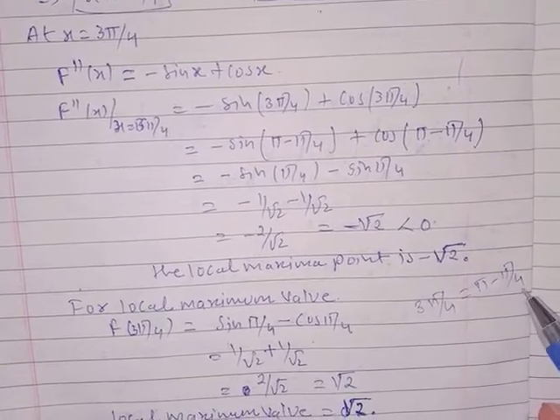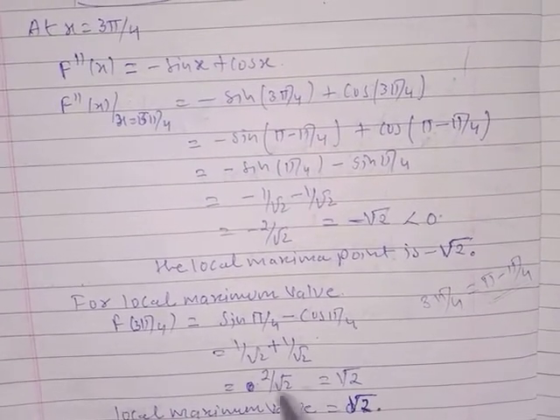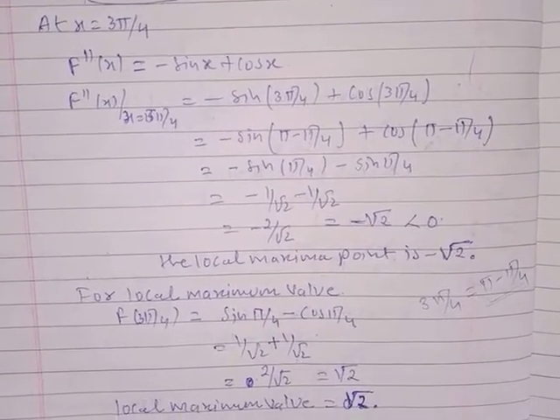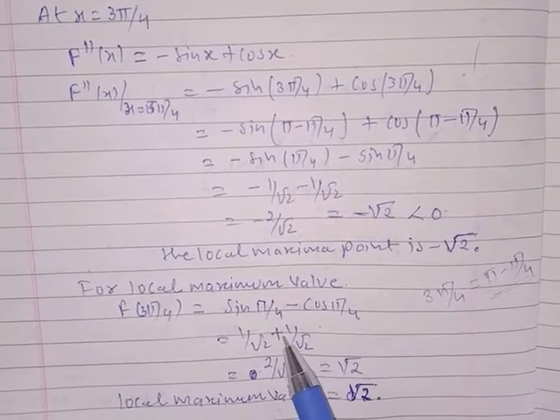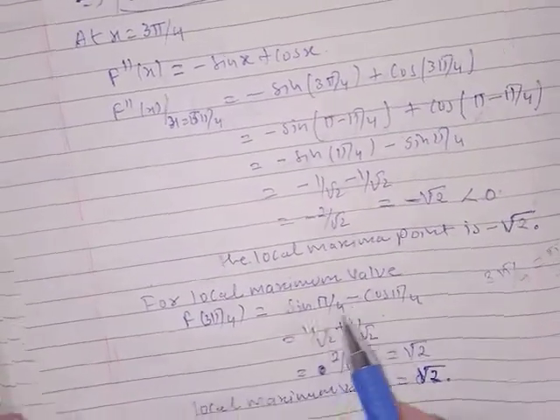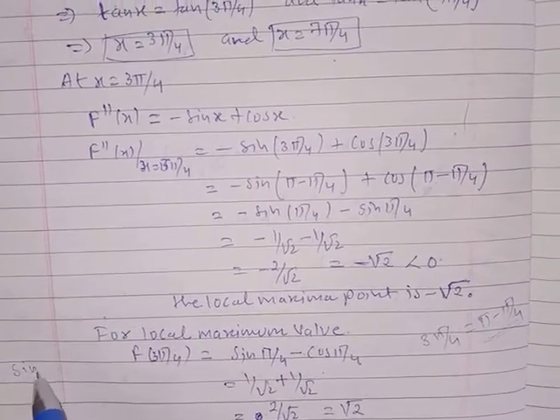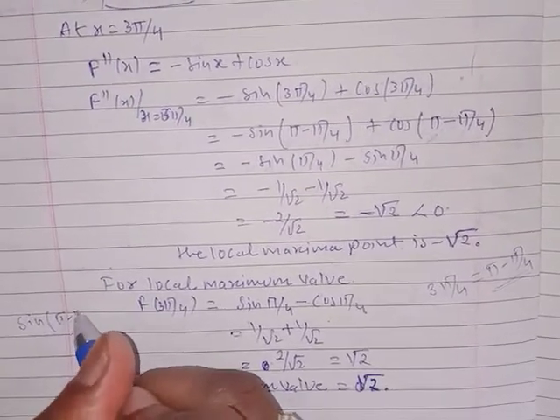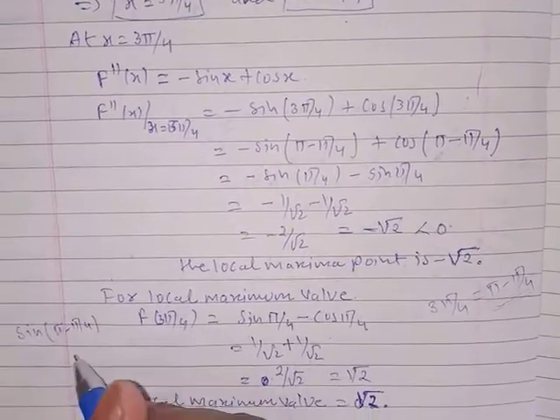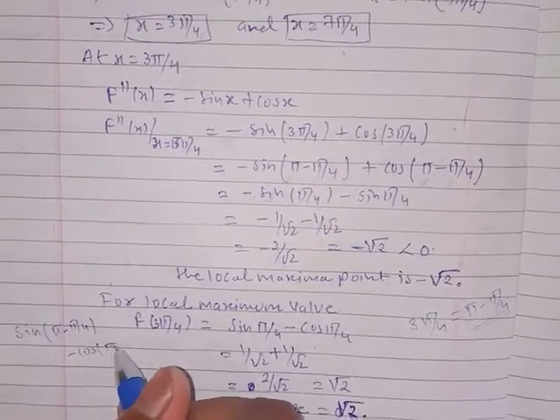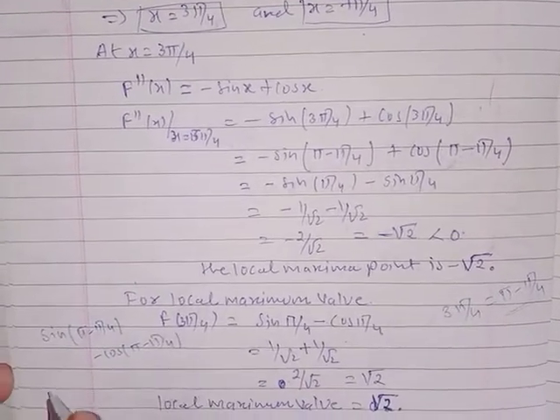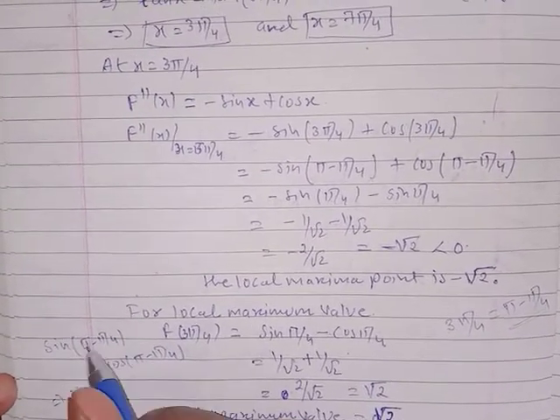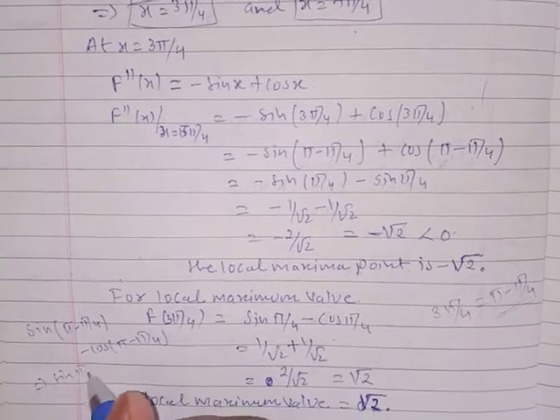So for 3π/4, that is π minus π/4, sine is positive and cos is negative. Got it? If you don't know this, you can write sin 3π/4 minus cos 3π/4 with 3π/4 replaced by π minus π/4. Sin of π minus π/4: sine is positive in the second quadrant, so sin π/4.